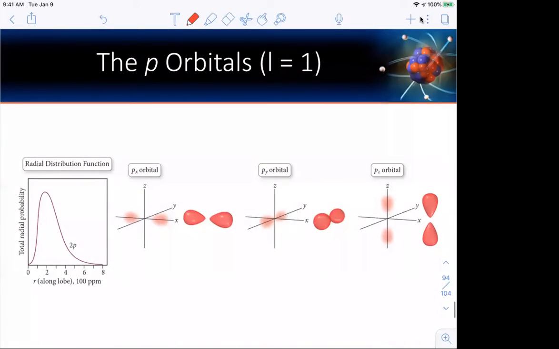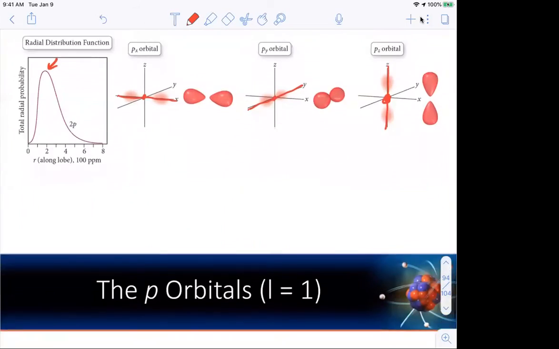If I look at these, here is my p sub x, and notice it's along the x-axis. Here's my p sub y, along the y-axis. Here's my p sub z, along the z-axis. Notice I do have these node values where I have 0 probability. So here's the most likely distance that the electron is going to be found in a 2p orbital, which is given by this radial distribution function.